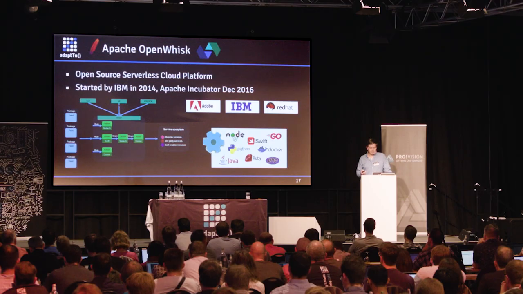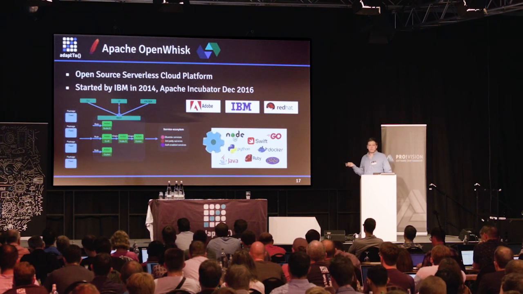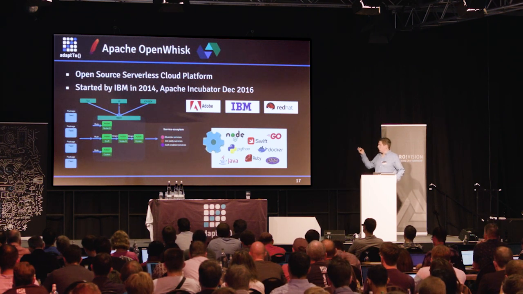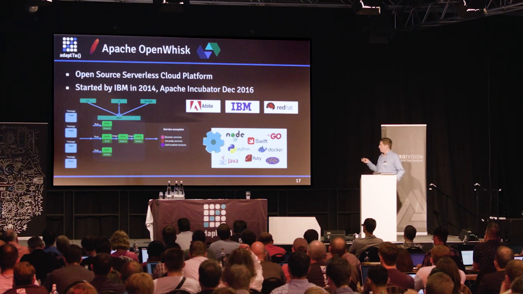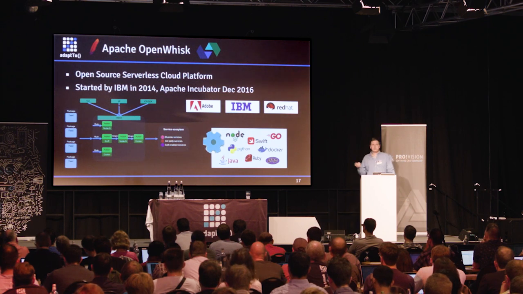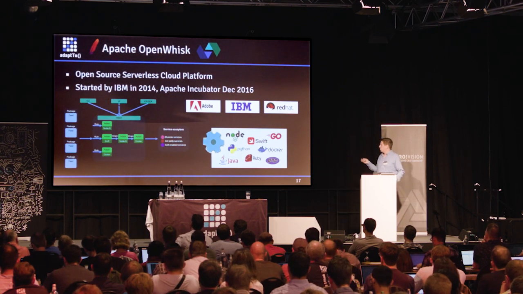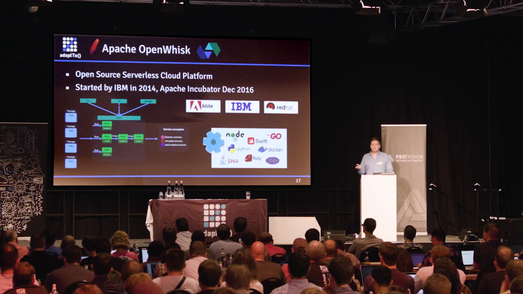So Adobe, IBM, Red Hat are the big three supporting that project. And OpenWhisk supports all kinds of languages that you can write your functions in. Definitely Node.js is the most popular one, but you can also do it in Java, like a little jar. Each language has kind of a different entry point, but the concept is the same. It definitely lends itself more to scripting languages, but it's not restricted to that.